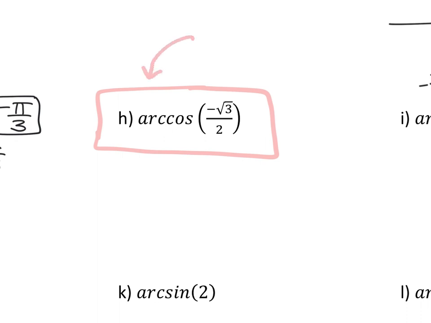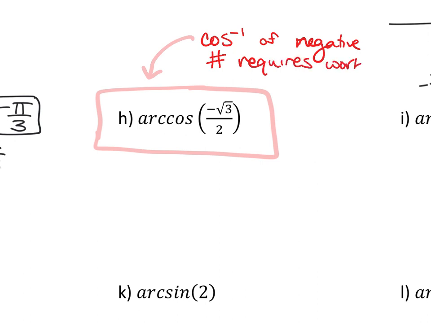So your note for yourself is that cosine inverse of a negative number requires work. That's all we're going to say. I know, it's not as simple. It is still simple, but it is going to require work.